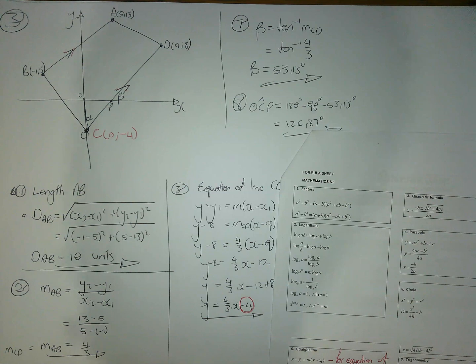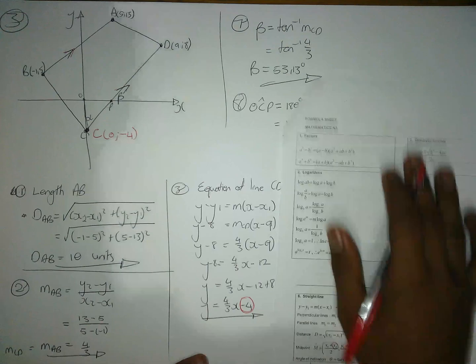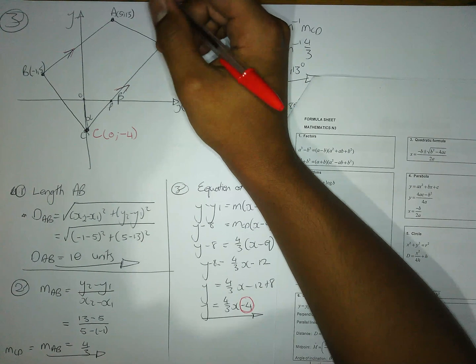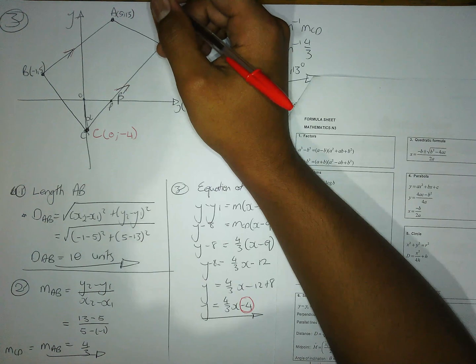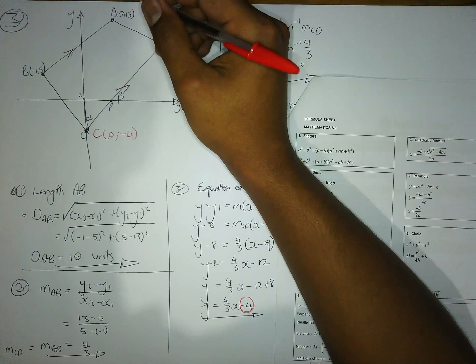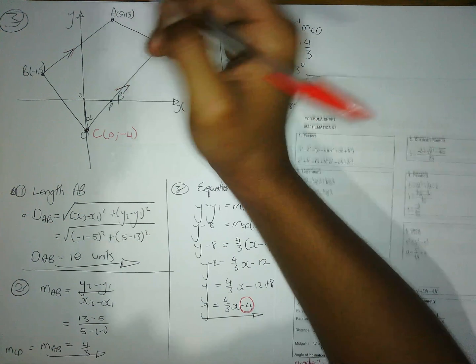The next question is saying determine the equation of the line in the form of y equals mx plus c, which is perpendicular to CD, passing through point C. I hope you guys have the question in front of you.